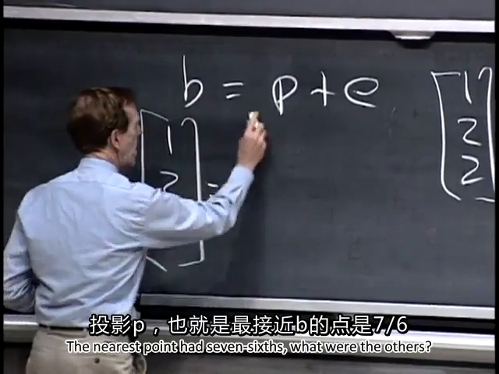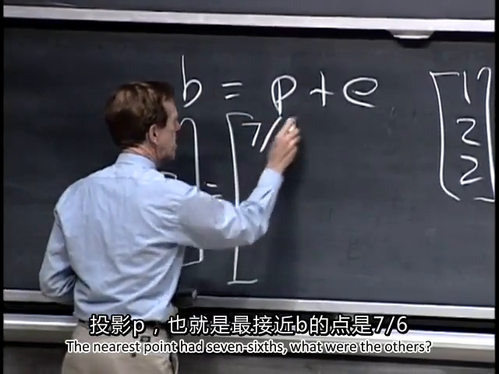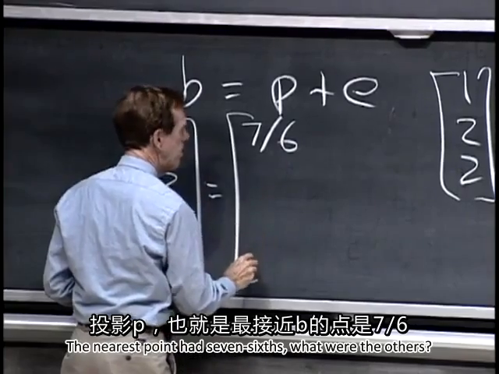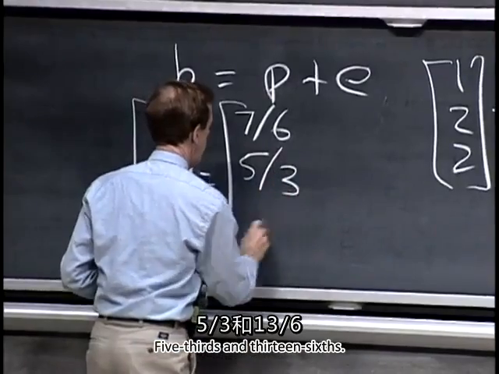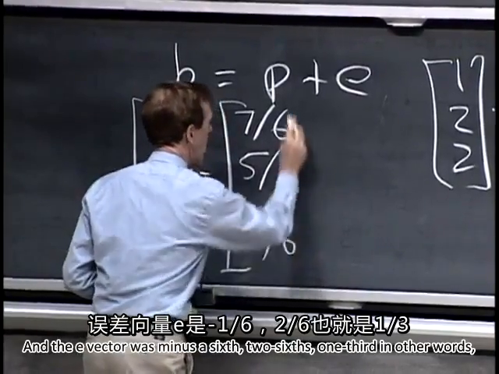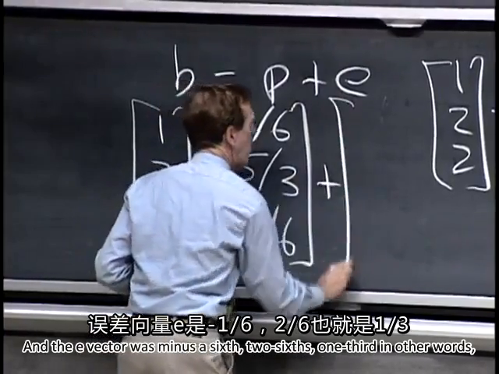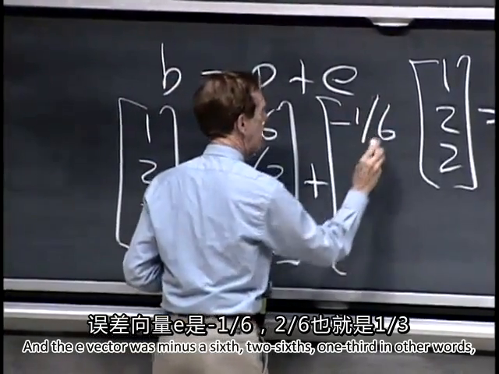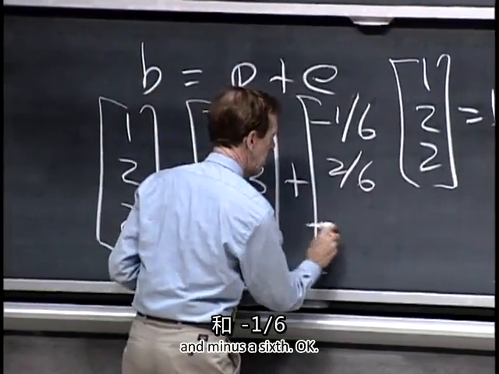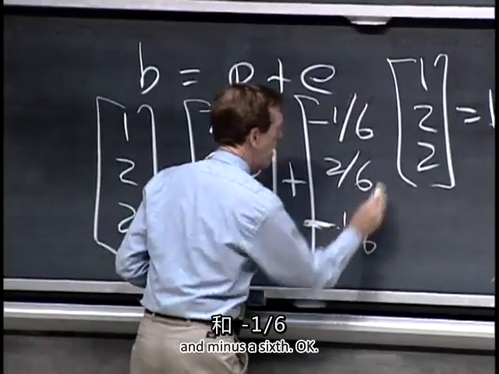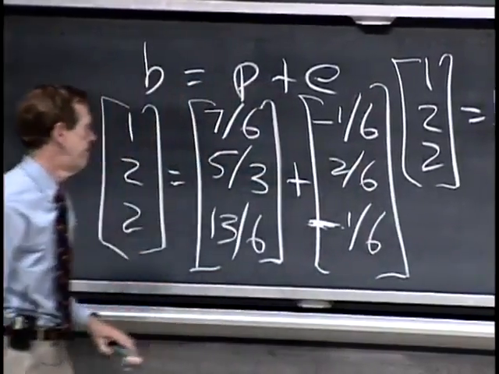The nearest point had 7/6. What were the others? 5/3 and 13/6. And the E vector was minus 1/6, 2/6, 1/3 in other words, and minus 1/6.